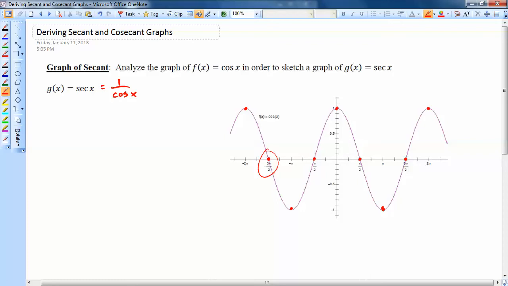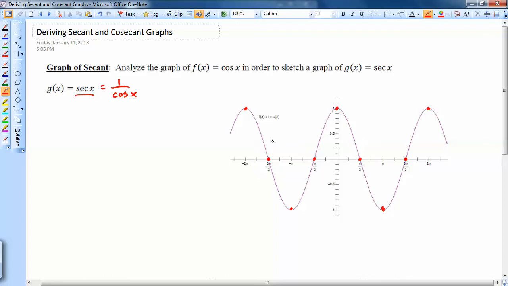Whenever cosine's 0, secant is going to get messed up, right? Because then it's 1 over 0 that I'm figuring out here, which is undefined. On the graph of secant, it won't be defined anywhere that cosine is 0.